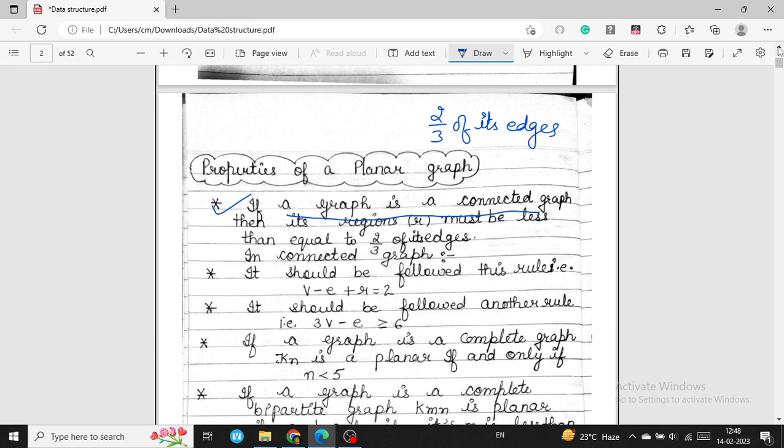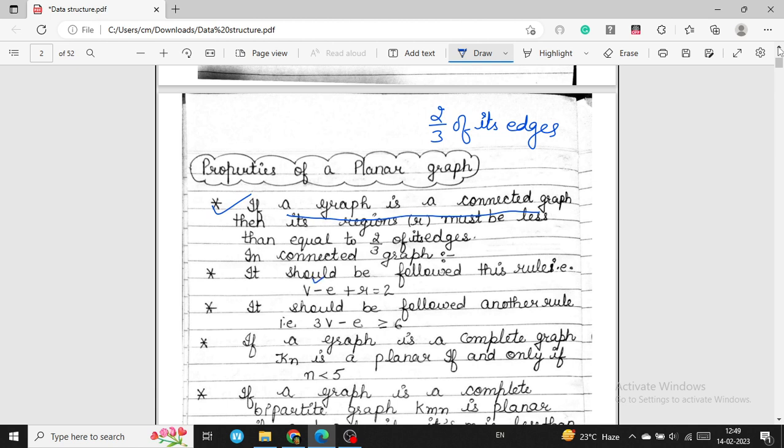When you draw a graph and that graph is a connected graph, then its regions must be less than or equal to 2/3 of its edges. And there are some more rules for a connected graph. The first rule is that it should follow this: vertices minus edges plus regions is equal to 2.